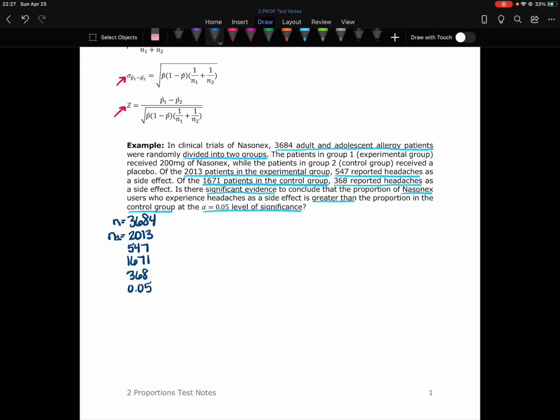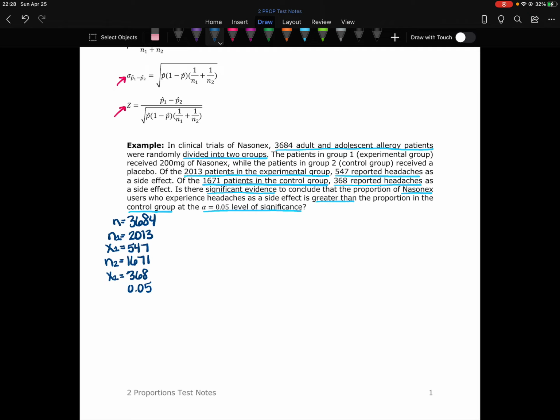547 is the number of people with headaches, with the trait that I'm looking at. So that's going to be X1. My control group contains 1,671. So that's the number of people in group 2. And 368 is the number from that group getting the trait that I'm interested in. So that's going to be X2.